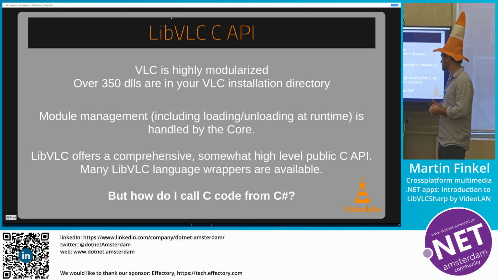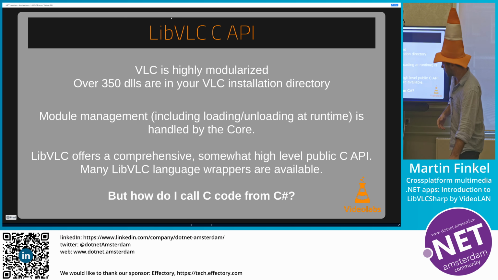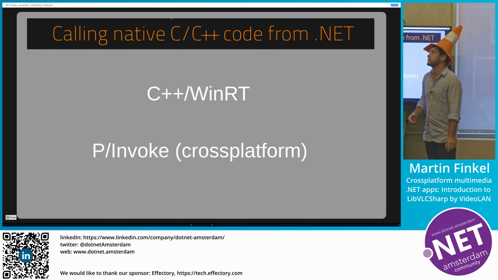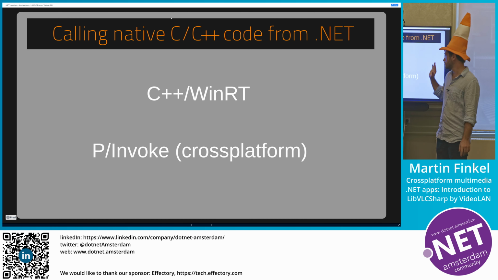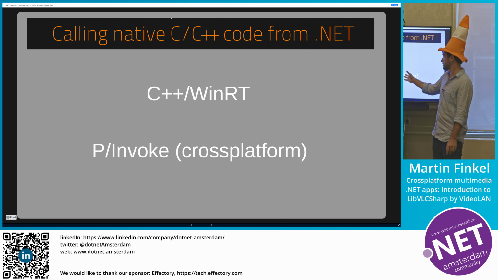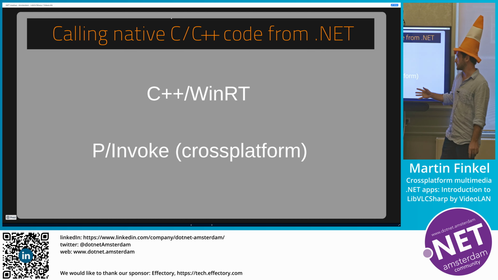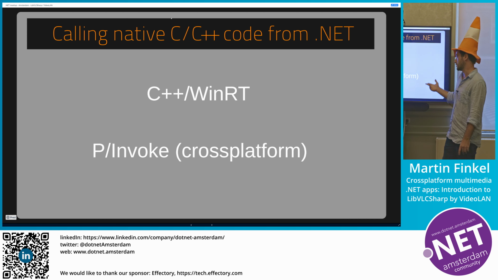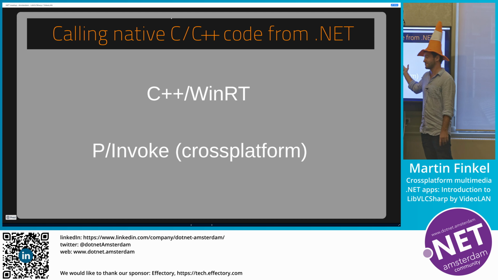So it's interesting. So how do you call C from C#? For those who don't know, you have mainly two ways to do so. C++/WinRT, which was C++/CX before that, which was what the VLC UWP app used, is Windows only.